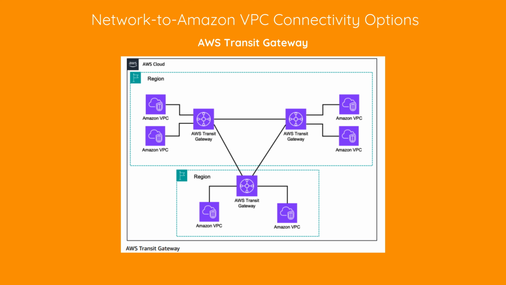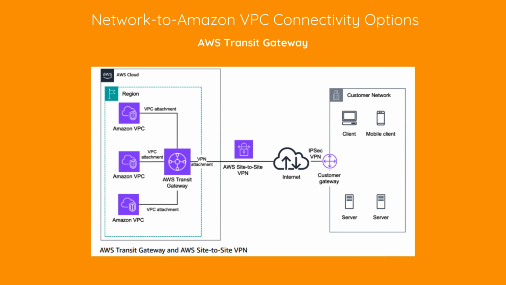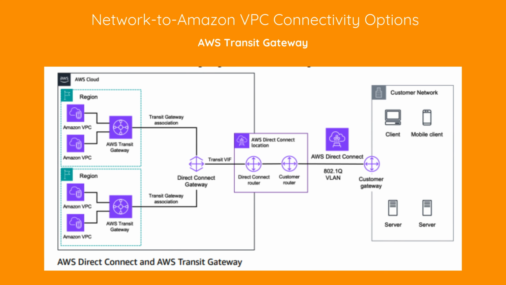If you need a central hub for multiple VPCs, consider AWS Transit Gateway with either site-to-site VPN or Direct Connect. AWS Transit Gateway also is a service that helps you simplify and manage connections between multiple VPCs in AWS using a hub-and-spoke design.